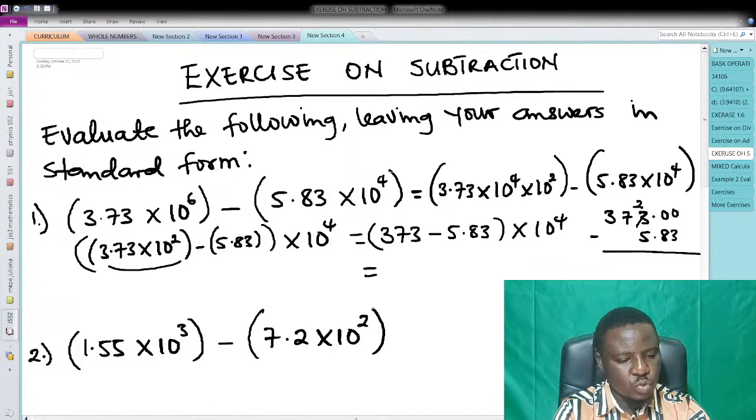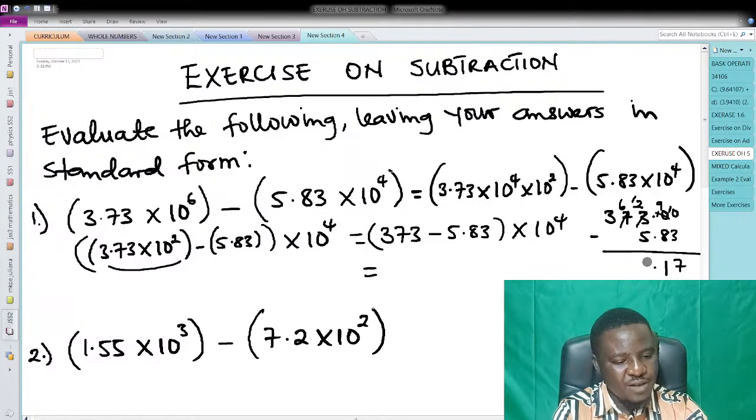This becomes 2, and this becomes 10. You borrow 1 from 10, this becomes 9, and this becomes 10. So 10 minus 3 is 7. 9 minus 8 is 1, point. 2 minus 5 cannot, so you borrow 1 from here, this becomes 6, and this is 12. 12 minus 5 is 7.